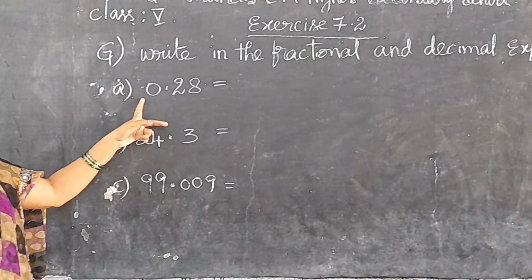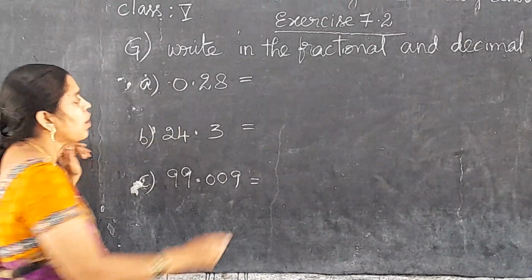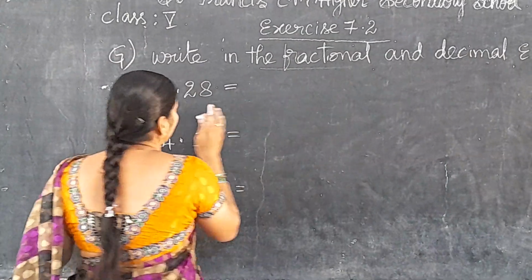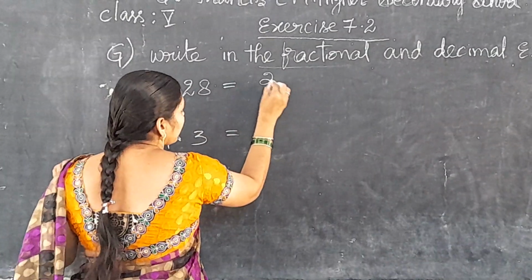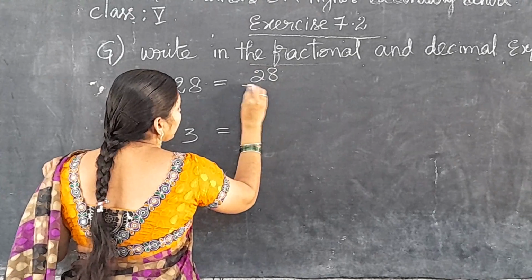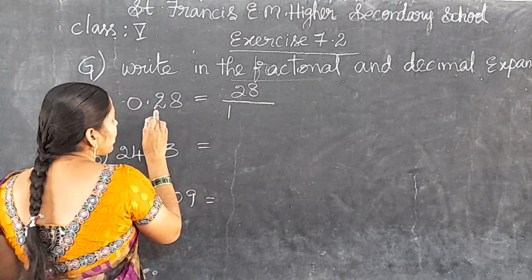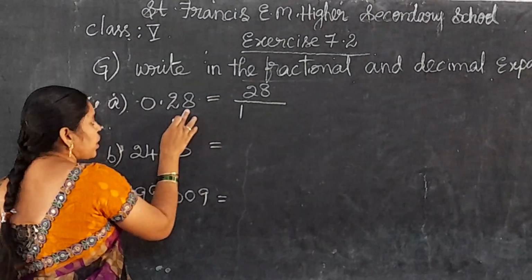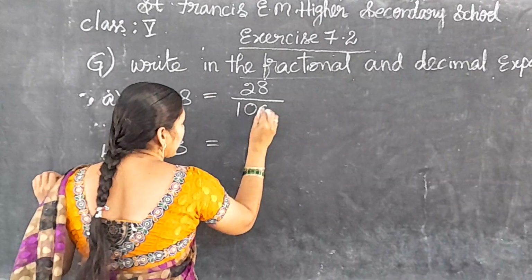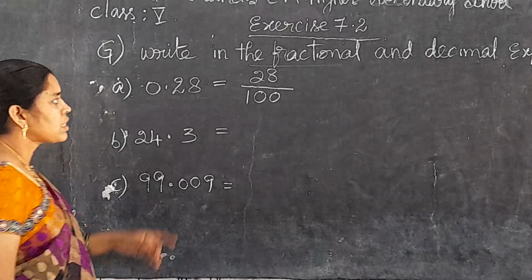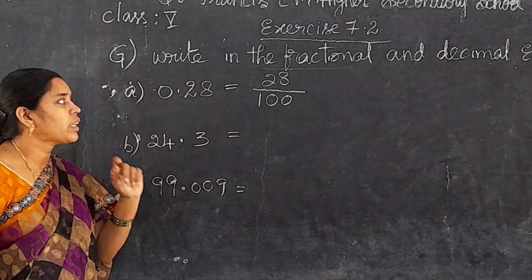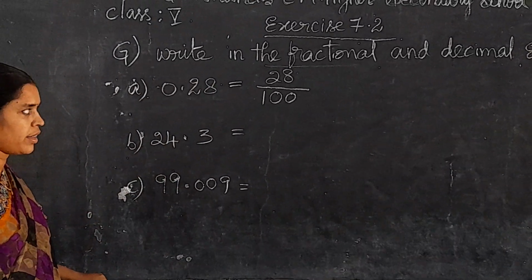Given a decimal number, first you convert it to a fractional number. I told you how to convert. 28 you should write in the numerator. Instead of the point you should write 1 in the denominator. After the point how many numbers are there? 2 numbers. The 2 numbers you should write as zeros in the denominator. This is the fractional number, 28 by 100.